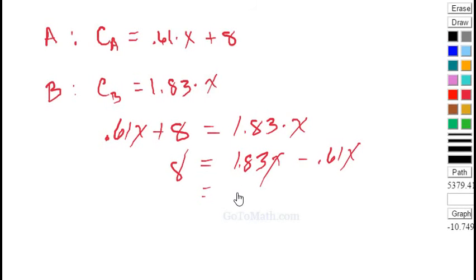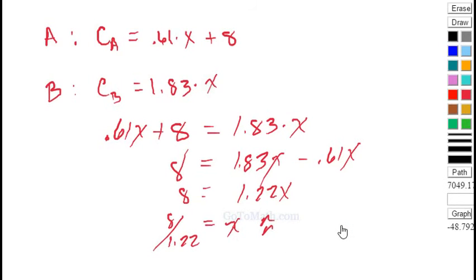That gives us 1.22x. Then we take this number diagonally down over here, so 8 divided by 1.22. And of course, we're probably going to end up getting a decimal here.